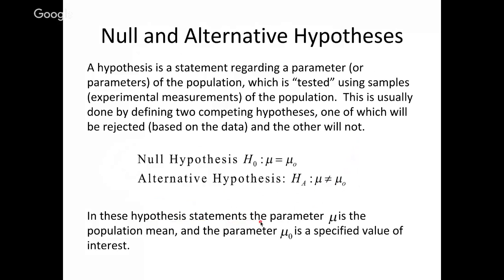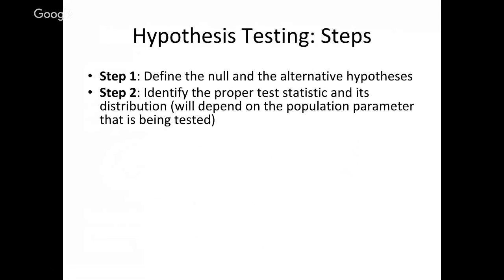And again, just emphasize that in these statements, the parameter mu is the population mean, and the parameter mu naught is the specified value of interest. But this is only one type of set of hypotheses you could form. There's lots of different hypotheses you could end up testing. But this is where we're going to start. So that's step 1. We've defined the null and alternative hypotheses.